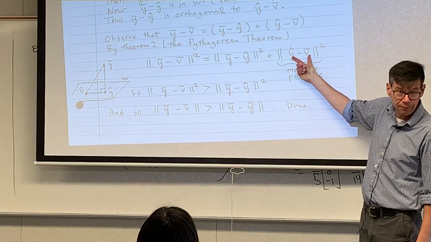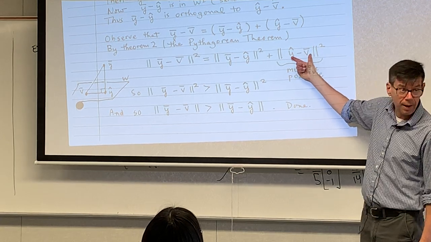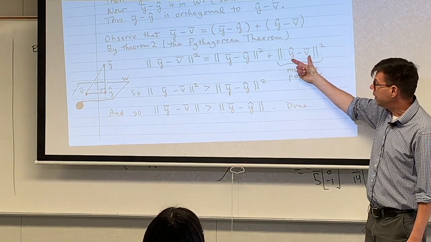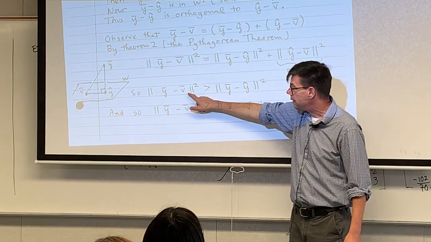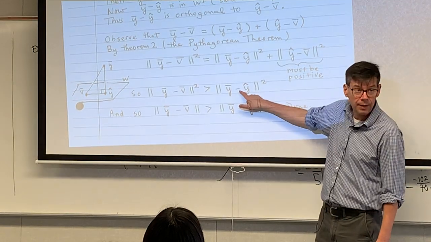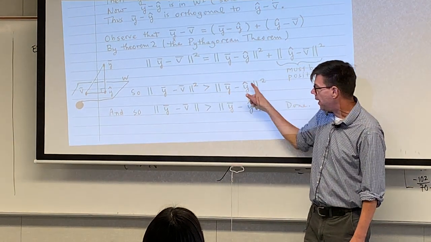If y hat and v are different, this must be a non-zero positive number, which means if you remove it from the equation, this quantity is absolutely greater than that quantity, not possibly equal. And these are squares now.